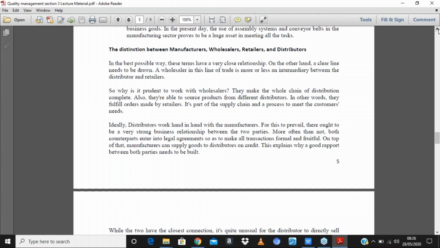So you can produce in your warehouse, then a wholesaler can come and buy cement. That is literally millions.